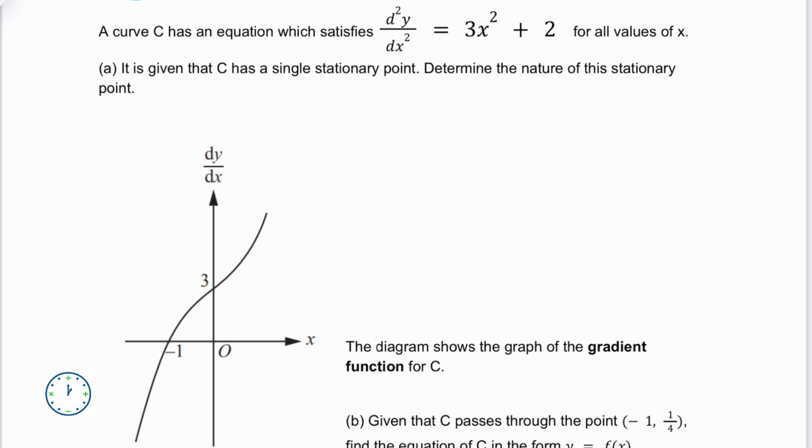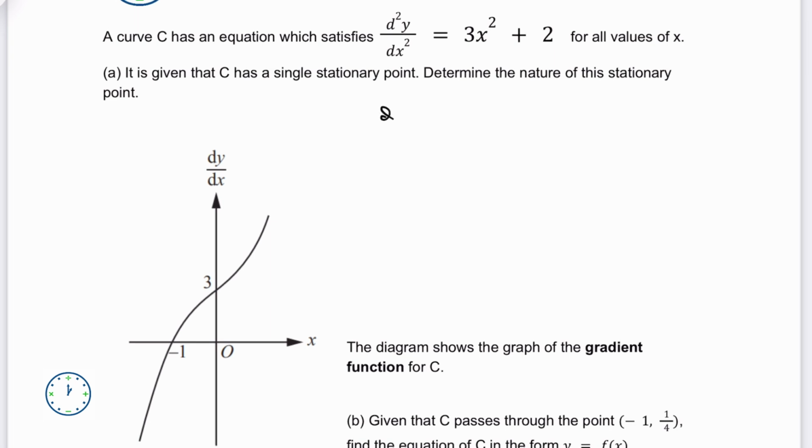The first part says, given that C is a single stationary point, determine the nature of this stationary point. The important thing here is that it's looking at d2y over dx squared equals 3x squared plus 2, and how that could be a positive number.